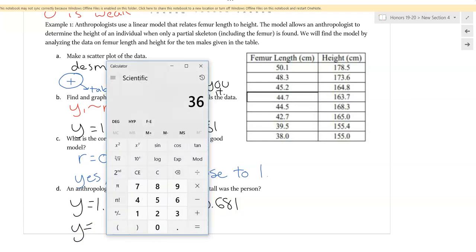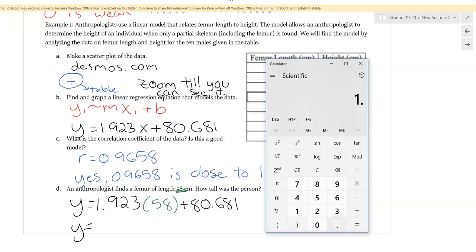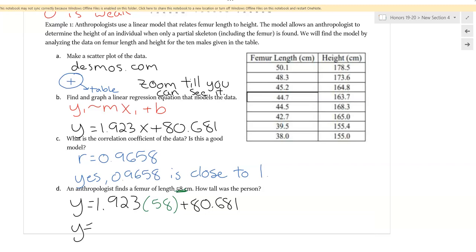So y equals, I'm just going to use the little one, 1.923. It didn't like that. Hold on. And we get 192.215 5 centimeters, right? Or really this should still be approximately, but that's okay.